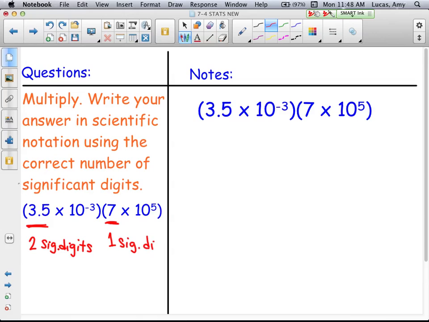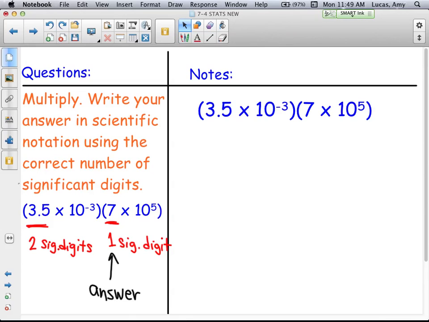So what that means is my answer, I have to go with the lower one. So my answer can only have 1 significant digit in it. So it has to match the one that is lower in what you're multiplying or dividing. Your answer would have to match the number of significant digits that is less.